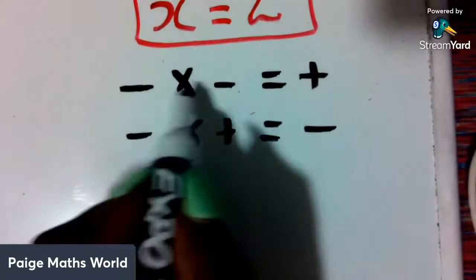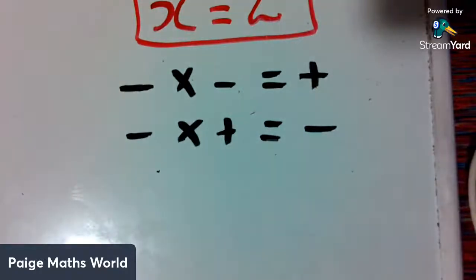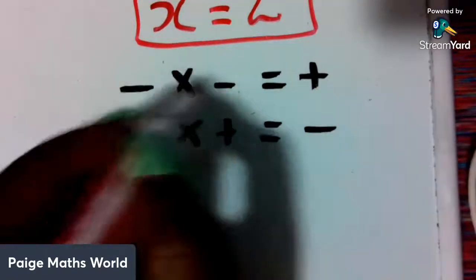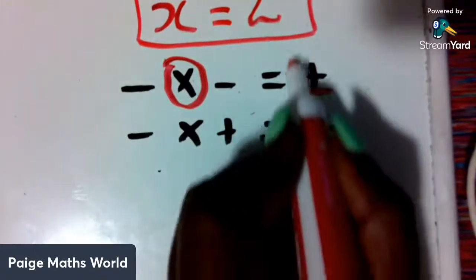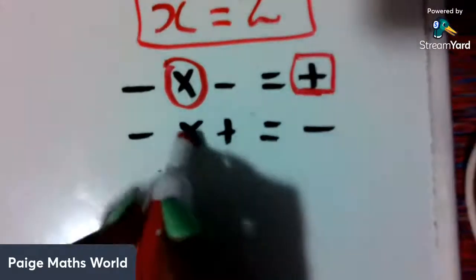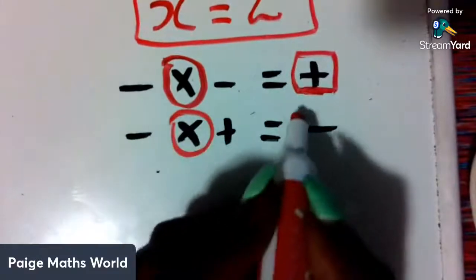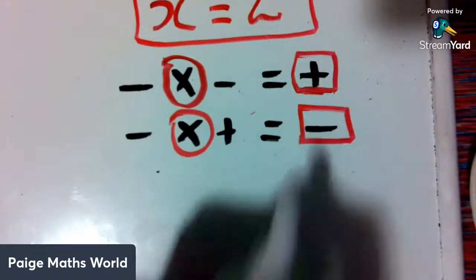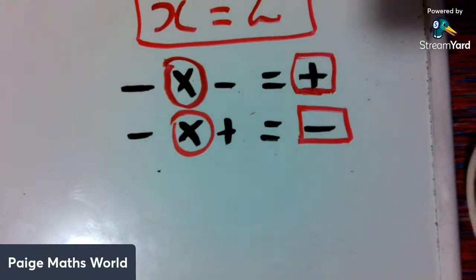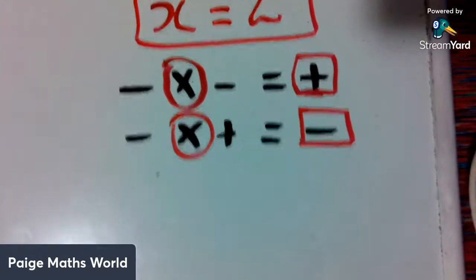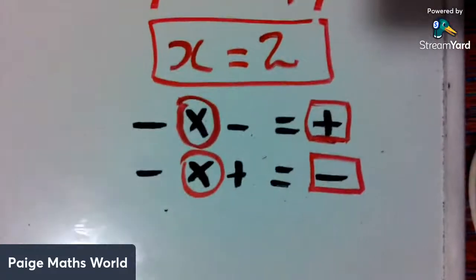So if the signs are the same, as in this case where both are negative, the answer will be positive. If the signs are different, it is going to be a negative answer. These are key points you have to remember when you're doing an exam. If you want to jot them down, you can, or you can rewatch the video.